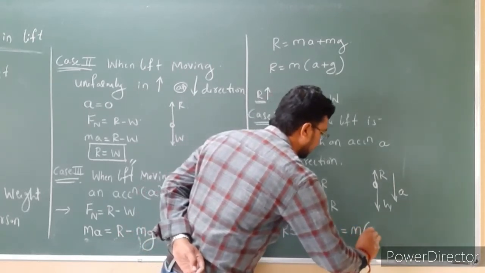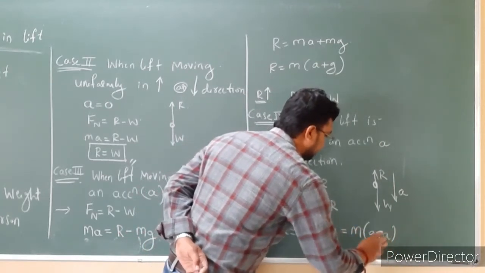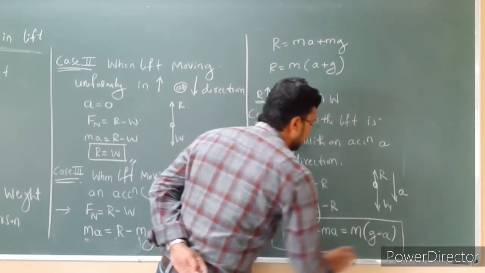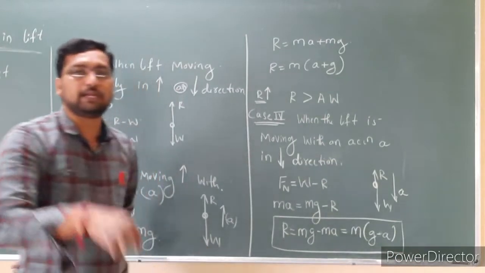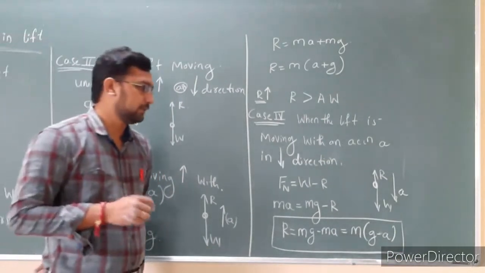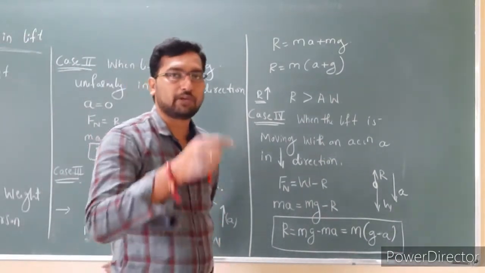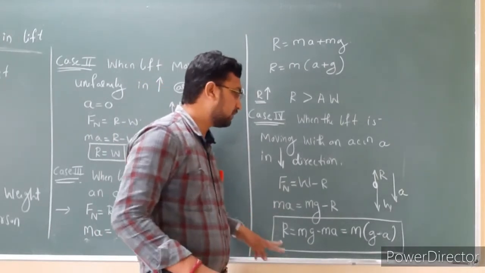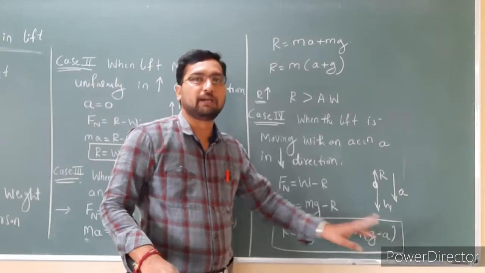Take m common, this is m bracket of g minus a. So this is the apparent weight of the person when the lift is moving in the downward direction with an acceleration a. So R is equal to m bracket of g minus a.